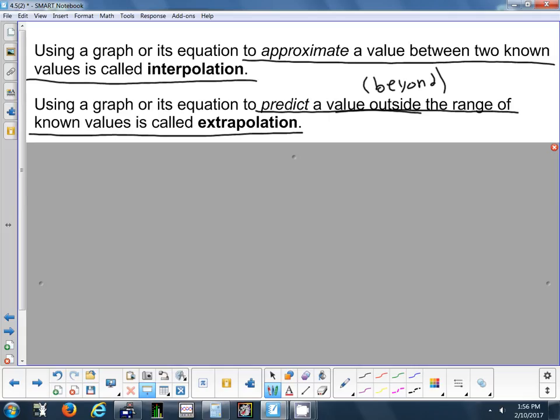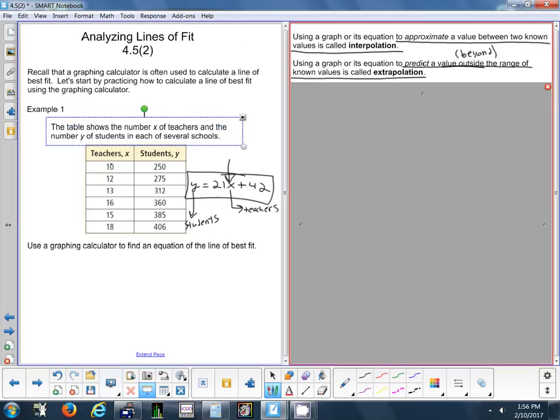All right, so let me go back to my table again. And somebody give me a number of teachers that's beyond the numbers in this list. Not between, outside, beyond, bigger. Kyle? How many? 21.